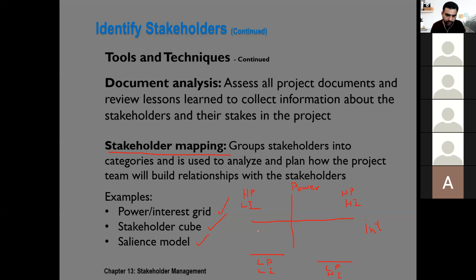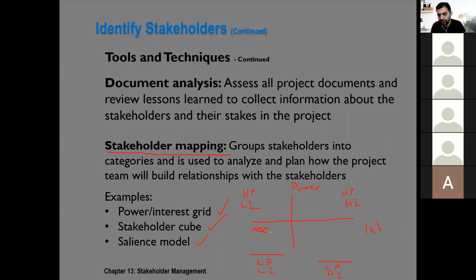Now, what should you do with the stakeholders with low power and low interest in your project? Put them at the bottom of priority. Fully agreed. And keep monitoring them, isn't it?